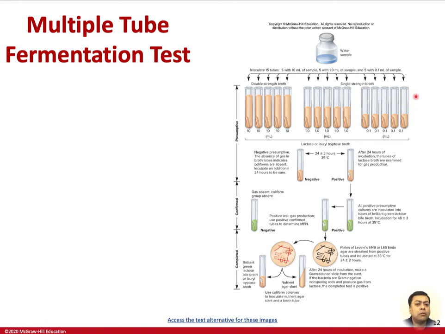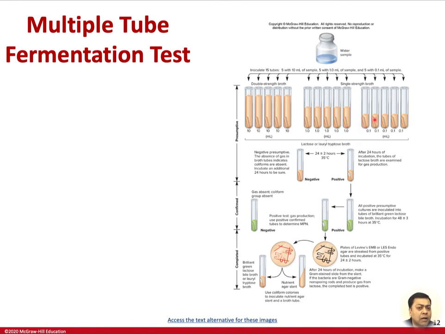Now, after inoculating these, you see that each one of the test tubes has a small glass tube inside. This glass tube is an inverted glass tube. Think about it as a mini micro test tube inside a test tube. This is called a Durham tube, like Durham, North Carolina.